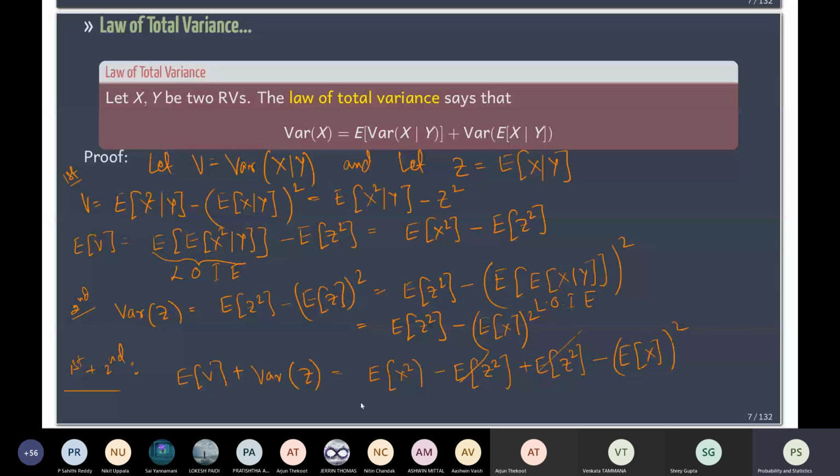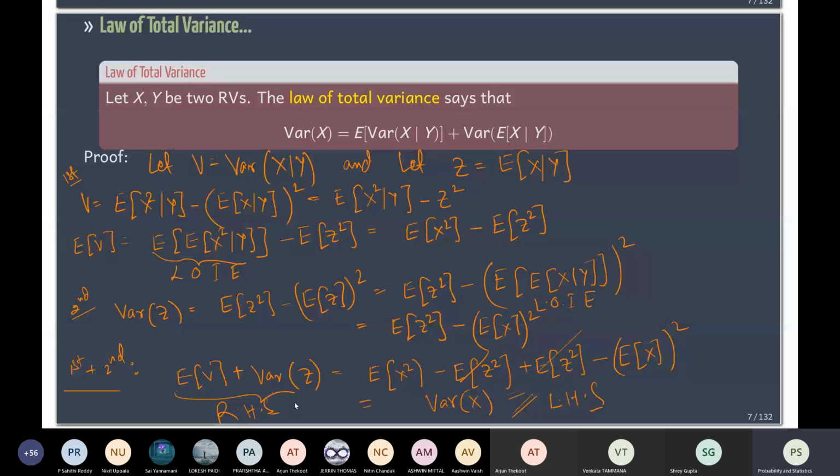This cancels, and this is nothing but the variance of x. This is what we were supposed to prove; this is the LHS, and this was the RHS. So this is the proof.